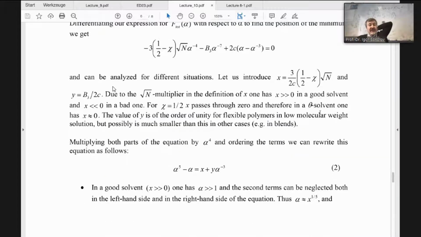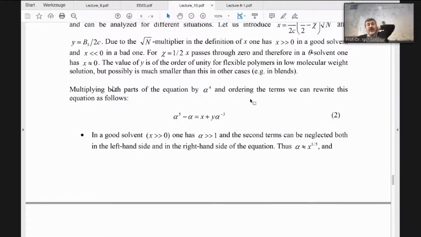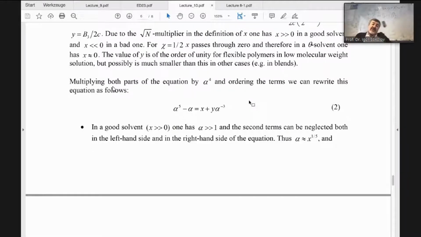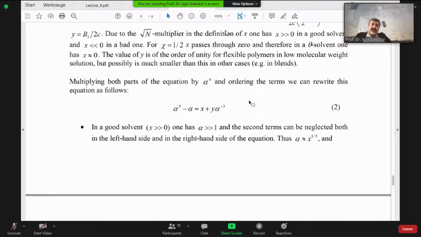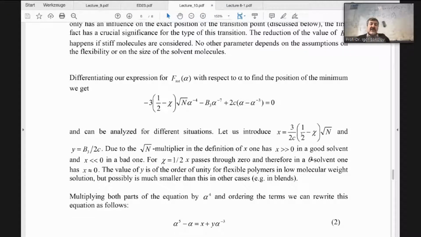Now, this is my equation, which I express via my parameters x and y. And now let's have a look at what happens in a good solvent, in a theta solvent, and theta solvent is x equal to 0, chi equal to 1/2, and in the poor solvent where x is smaller than 0.